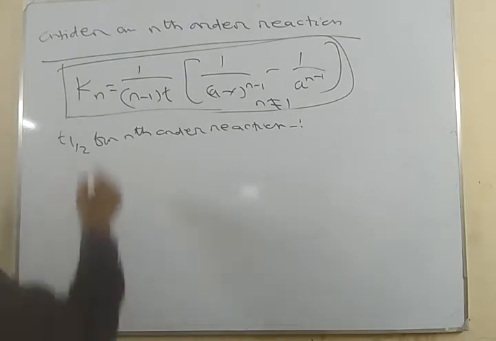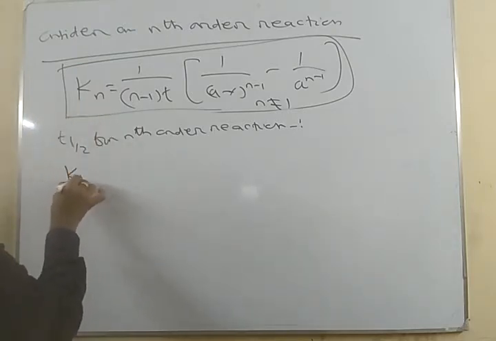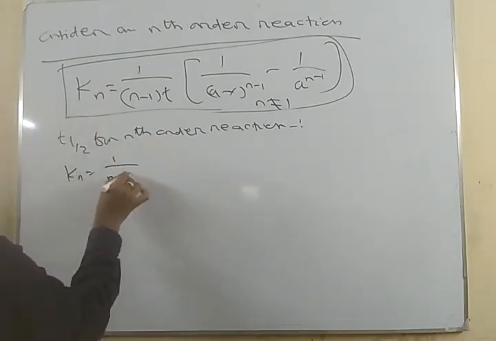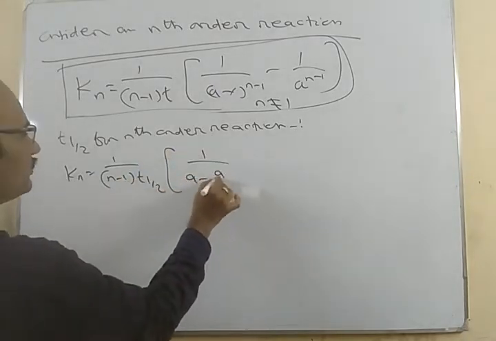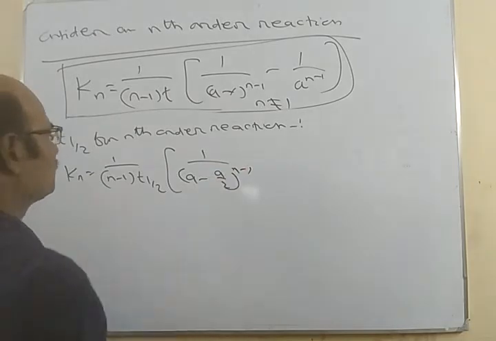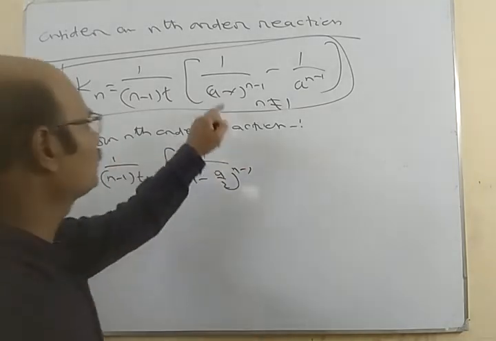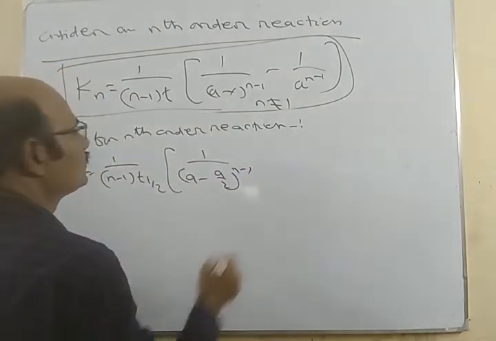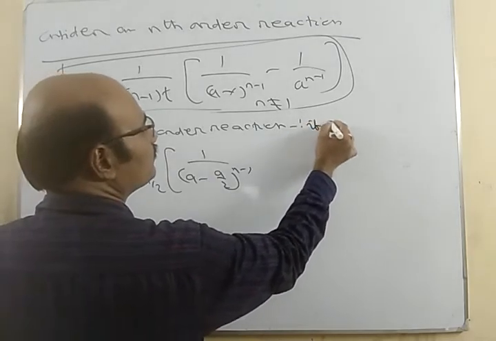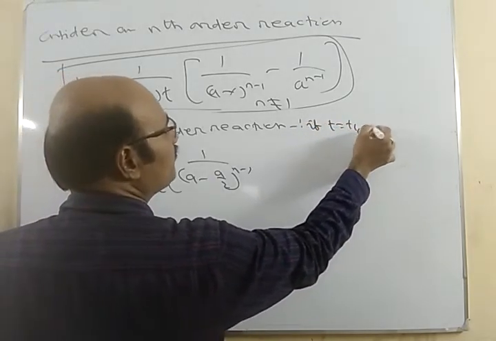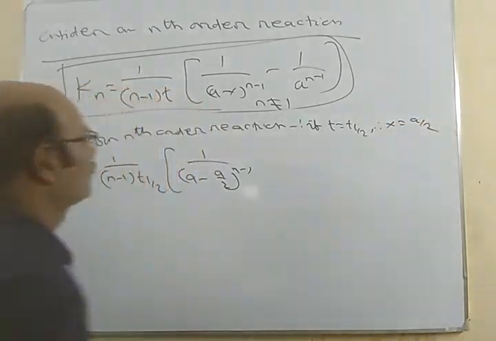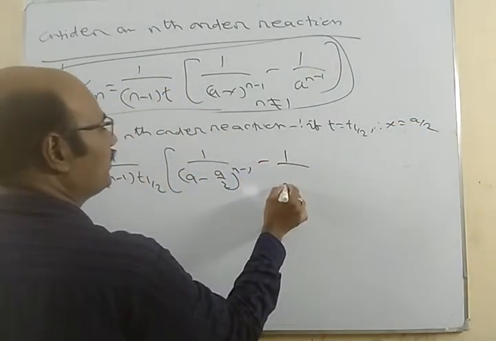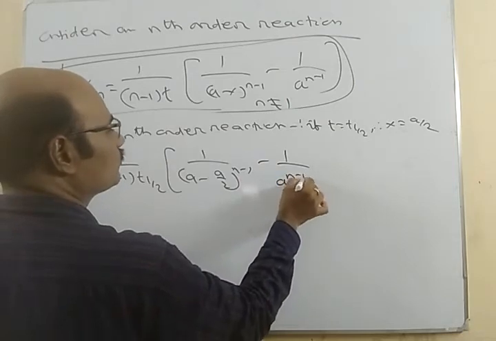So here I will take Kn equals 1 by n minus 1 into t half into 1 by a minus a by 2 power n minus 1 minus 1 by a power n minus 1.